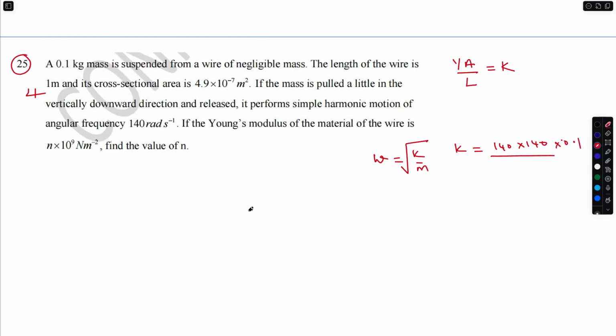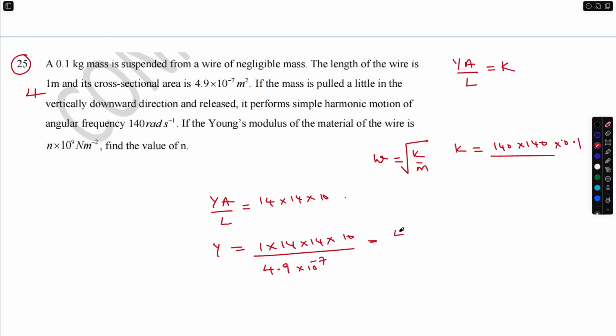So, by the way, hold on. K refers to YA by L, which is 14 into 10. Y is what we need; how much is the length of the wire? 1 meter. 14, 10, cross-sectional area 4.9 into 10 power minus 7. See, these are big numbers.